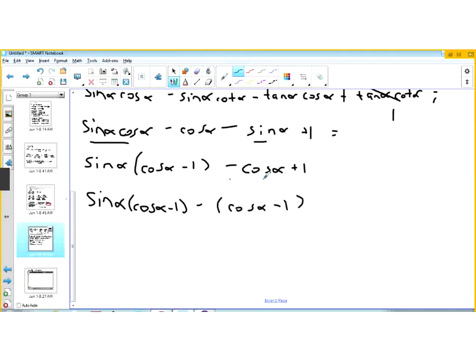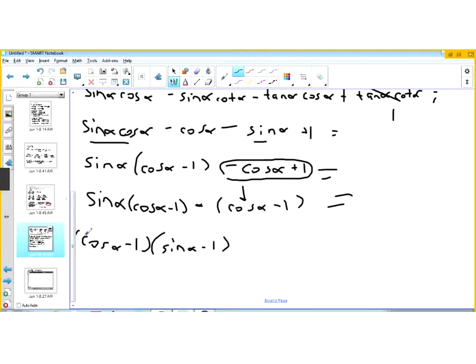Okay, you see how I took these two terms right here, and I factored out a negative from these two terms, and I get this. Okay, so now we can factor out a cosine alpha minus 1. So this would equal cosine alpha minus 1 times sine alpha minus 1, which is what we want. Okay, so there's the proof for that.